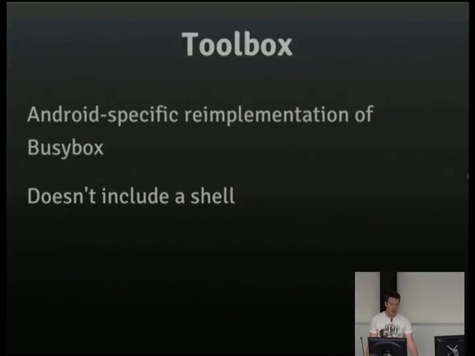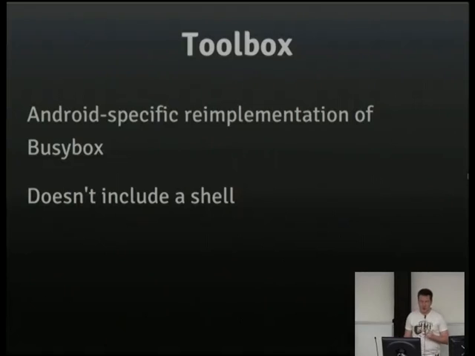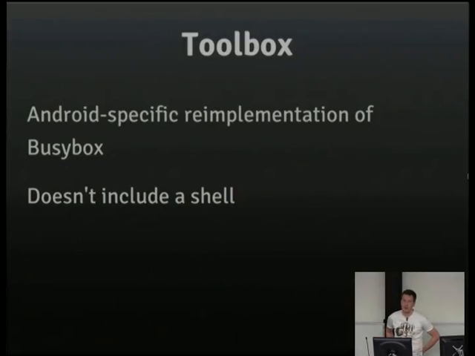So once you've shelled in, you get this MK shell, and basically all of the rest of the userland tools, instead of the GNU tools that most of us are very, very used to, you get Toolbox. Google attempted very hard to minimize the amount of GPL code that they put into Android. Basically, apart from the Linux kernel, there's effectively none.